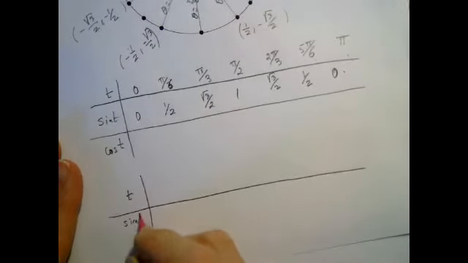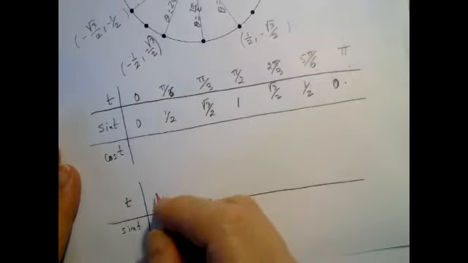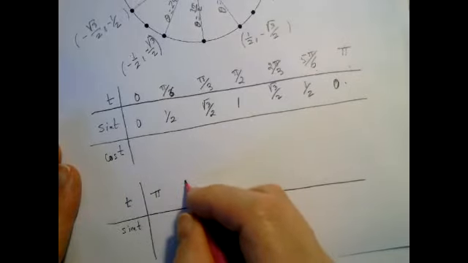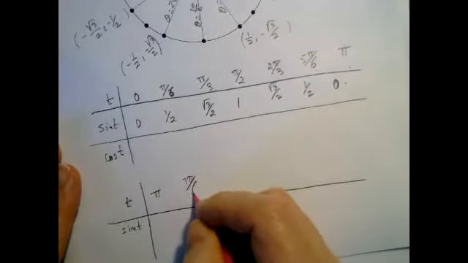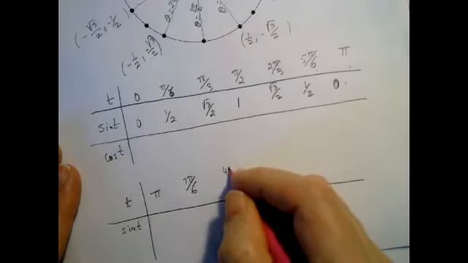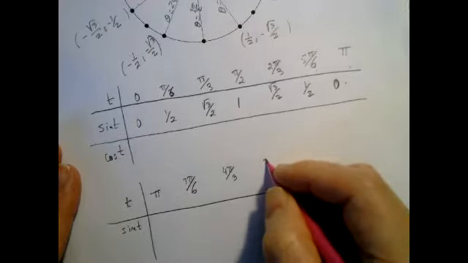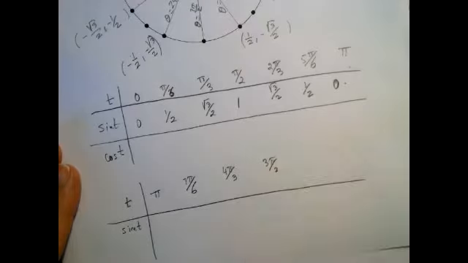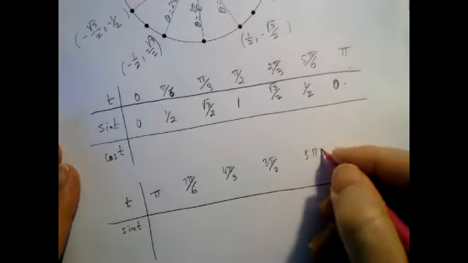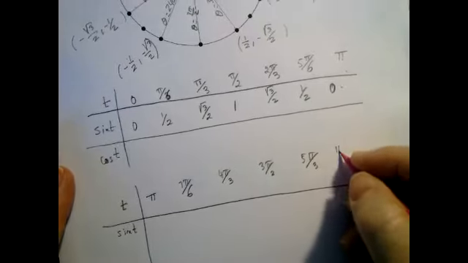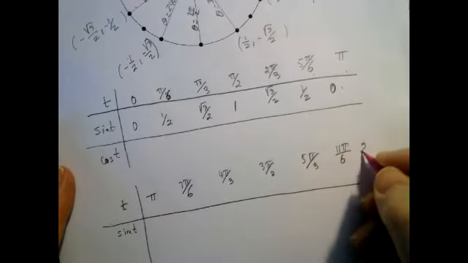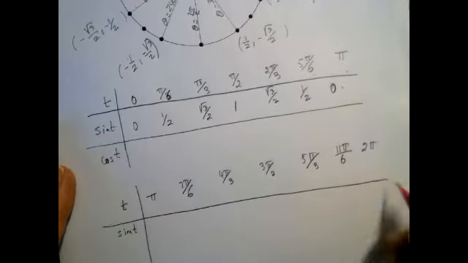Still the sine. The other angles are pi, 7 pi over 6, 4 pi over 3, 3 pi over 2, and then we keep adding: 5 pi over 3, 11 pi over 6, and 2 pi. Okay.